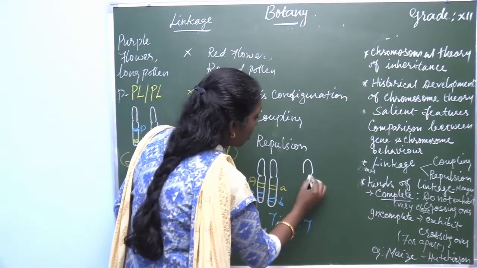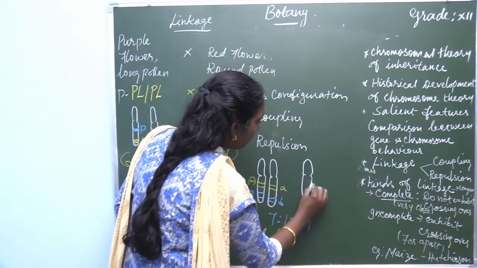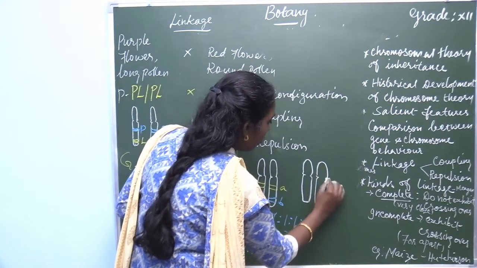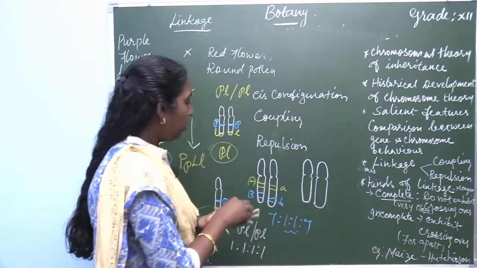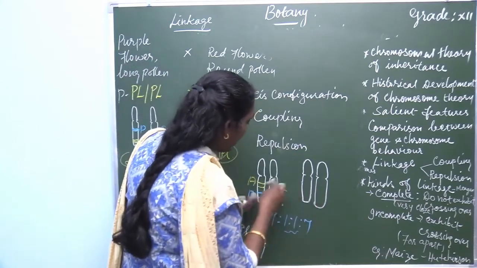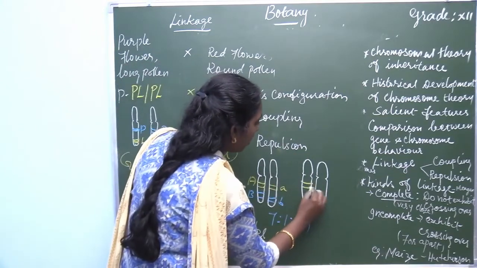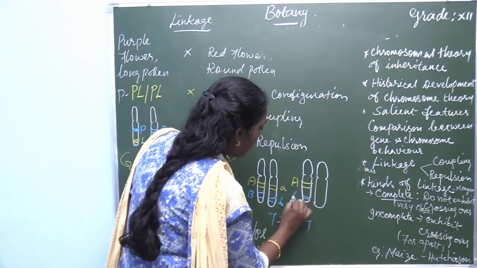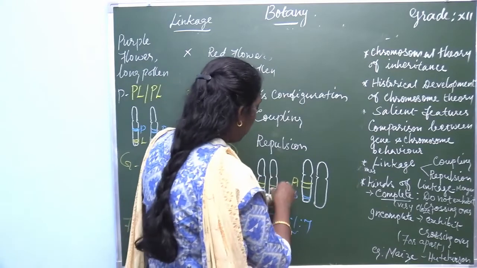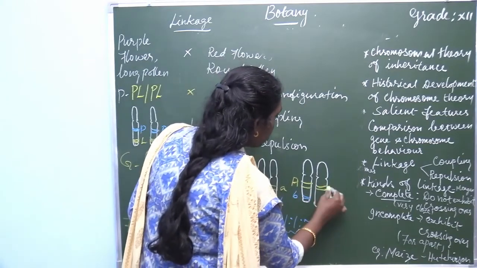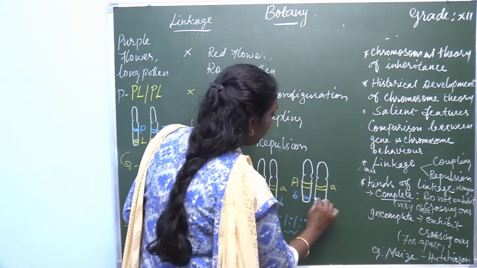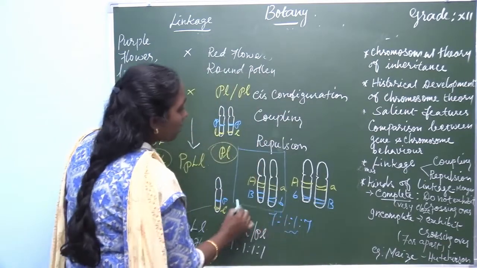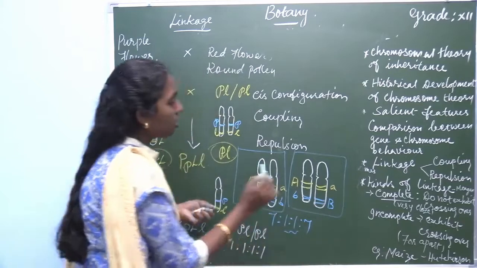This is a homologous chromosome which contains capital A, small b, or small a, capital B. So, this is one homologous chromosome, this is another homologous chromosome.